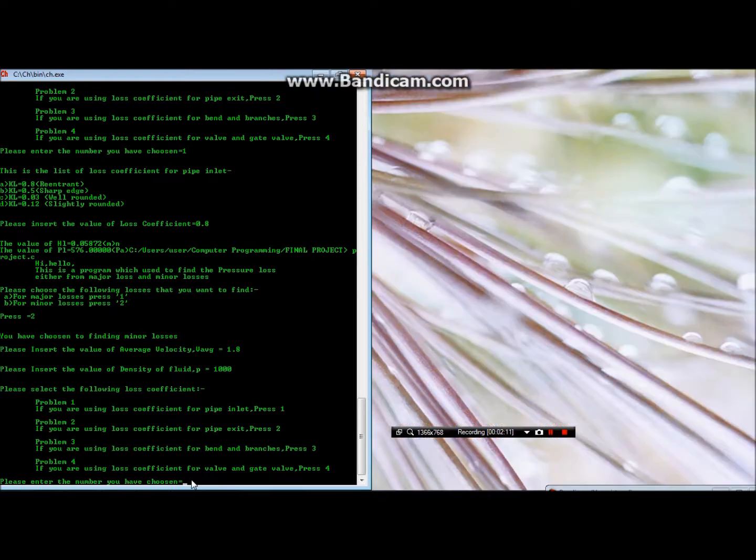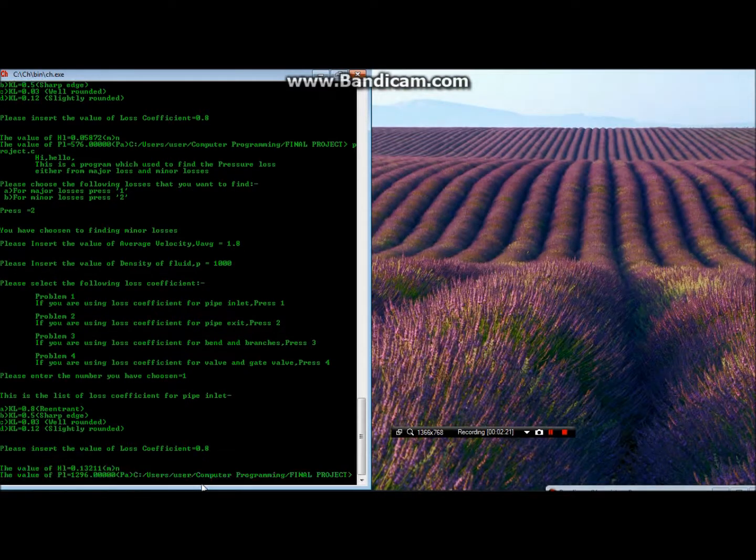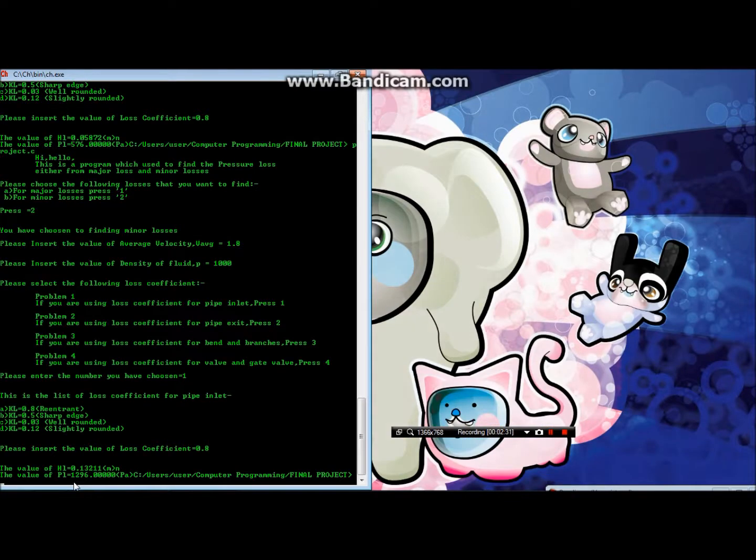I choose problem 1, and the value for loss coefficient is 0.8, and we can get the value for head loss and pressure loss. For head loss, 0.13211, and for pressure loss, 1296.00. That's all.